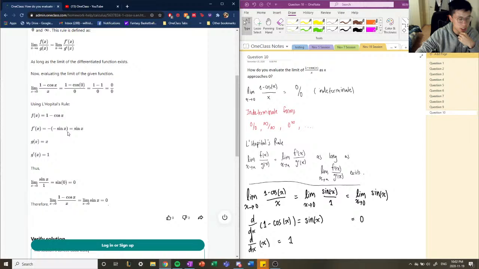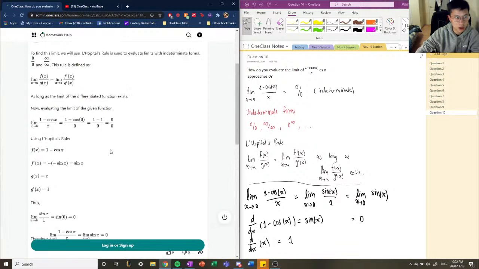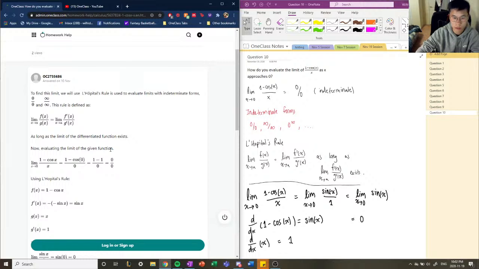And the derivative of negative cos x is just sine x. So that's the derivative of the top. And the derivative of x with respect to x is just 1. So then we get the limit of sine x as x approaches 0, and sine of 0 is 0. So we have found the limit of our original function by using L'Hopital's rule.